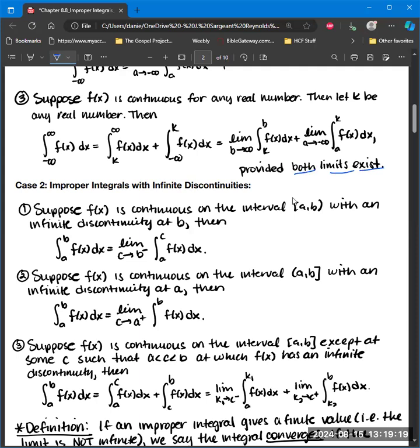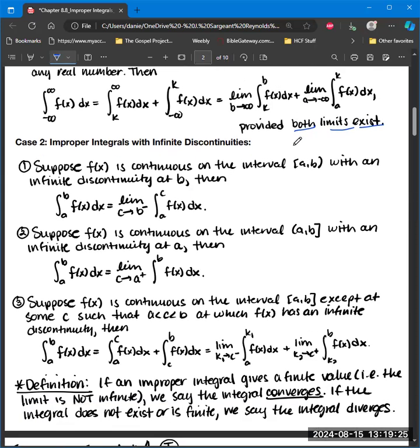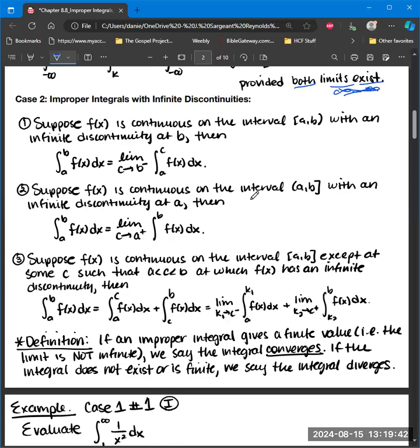We'll talk about some stuff later, but both limits have to exist for it to be convergent. So let's just leave it at that. We do not want an infinity minus infinity situation to try and say that that's zero. That's not necessarily going to be true.